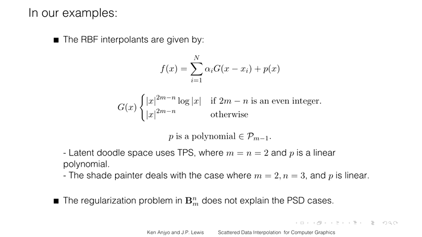And also in the case of shade painter, where we put m equal 2 and n equal 3. n is the dimension of space, so 3. Then again, P belongs to the totality of linear polynomials. But these cases do not include a case where a Gaussian type RBF is used. So it's a different situation.